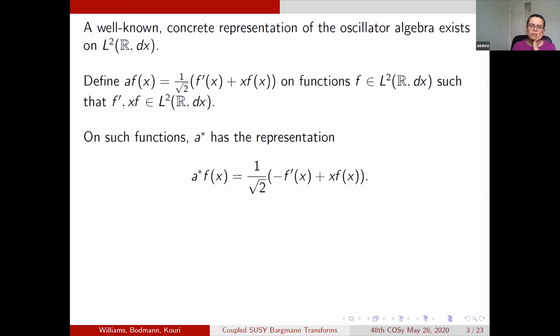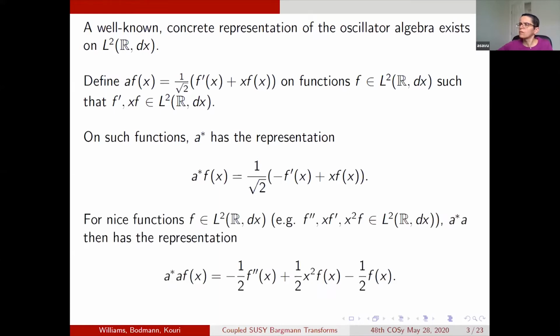But on these functions, we have a nice representation for its adjoint, and it's basically 1 over square root 2 times negative d by dx plus x. The sign change is very important for what I will discuss shortly. And then A star A is the well-known quantum mechanical Hamiltonian for the harmonic oscillator. There's this little phase shift on the far right, and that's just to make the eigenvalues 0, 1, 2, 3, instead of 1/2, 3/2, 5/2, and so on.